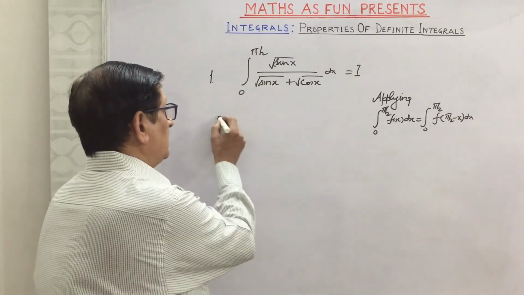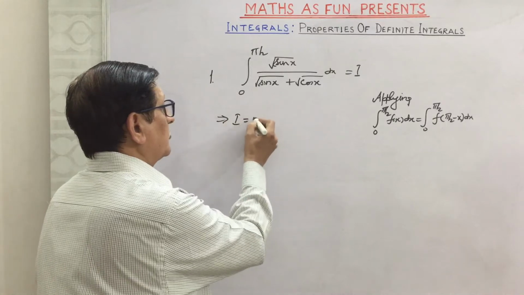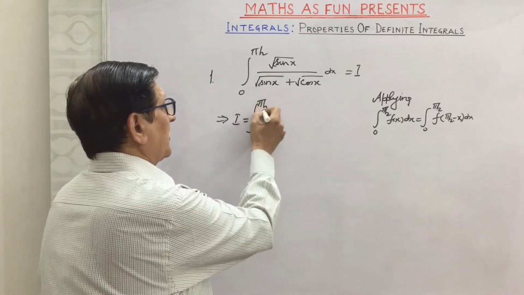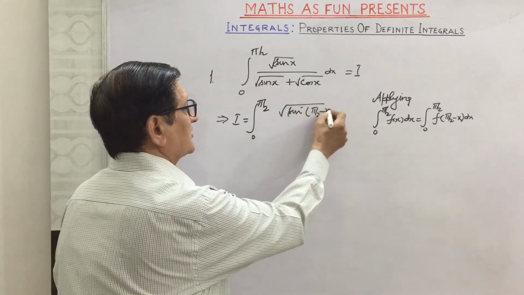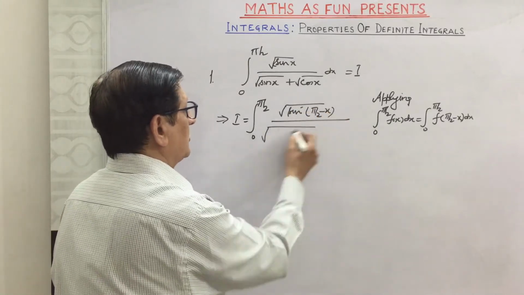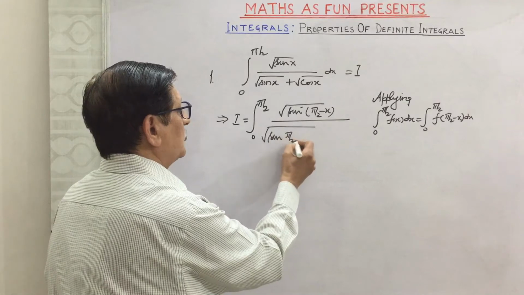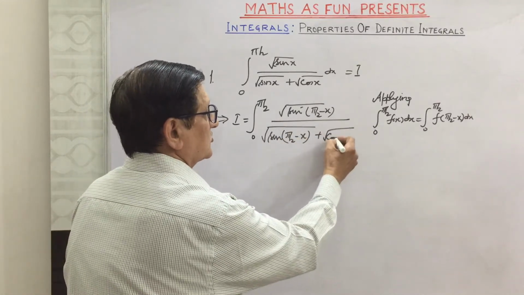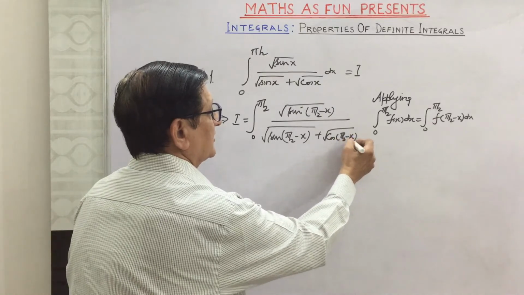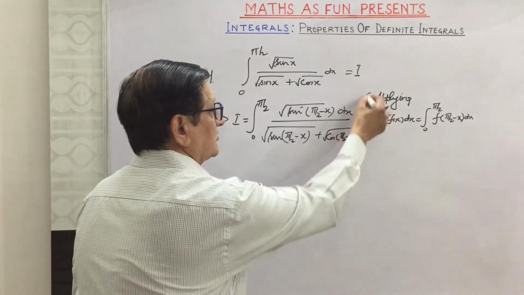Applying this property, we will get I equal to integral from 0 to pi by 2 of root of sin(pi by 2 minus x) upon root of sin(pi by 2 minus x) plus root of cos(pi by 2 minus x) dx.